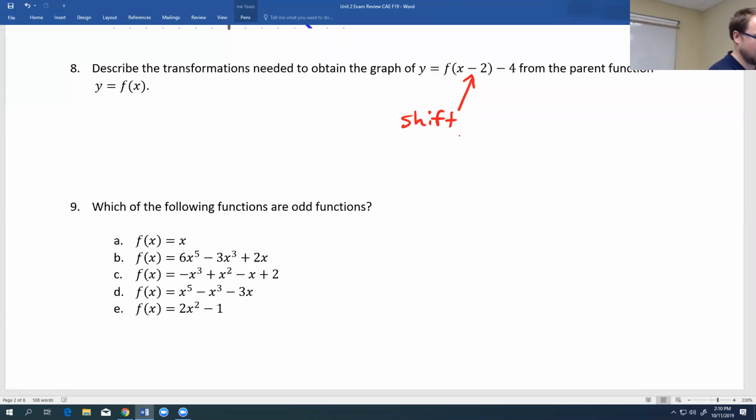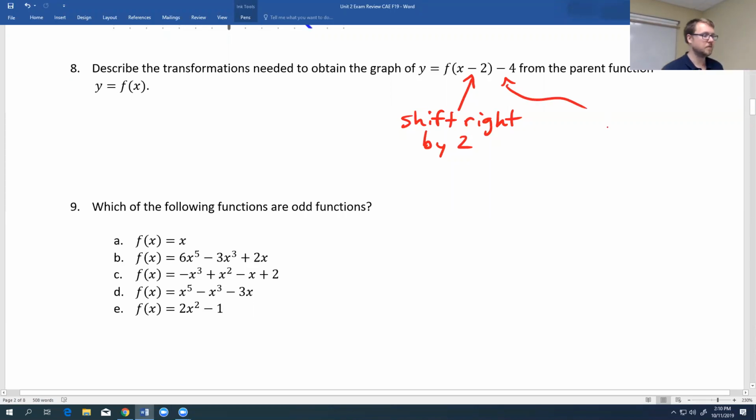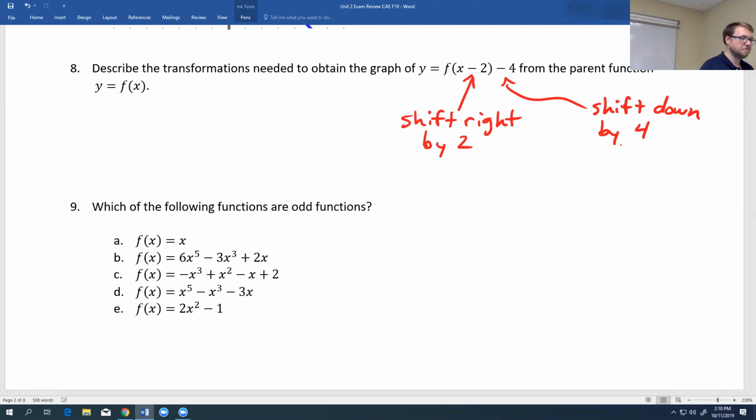Yep. Shift right by 2. What's that guy do? That's the one that makes sense. Yep. So shift down by 4. I'll just leave it there. That's, I think, basically what they have.